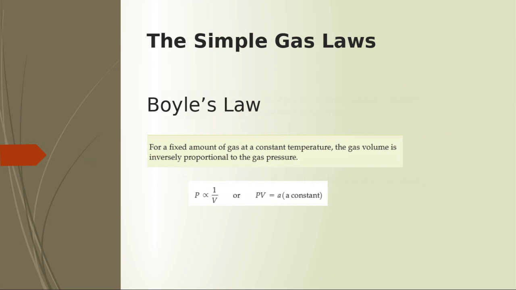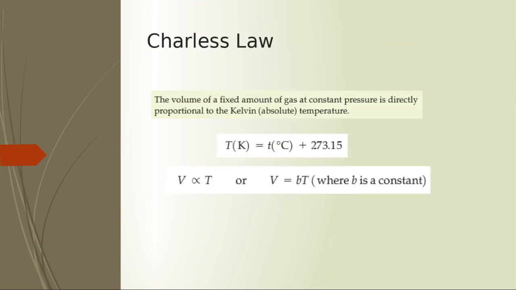And then the other one is Charles' law. For Charles' law, the temperature is very important, and we compare the volume with the temperature. We always use the temperature in the unit Kelvin. Don't forget that.